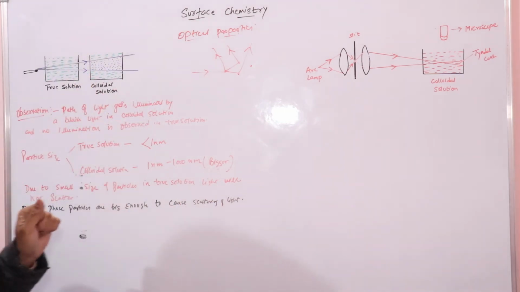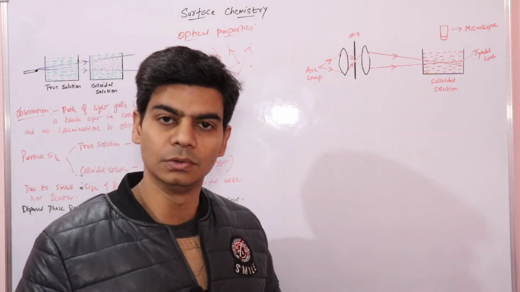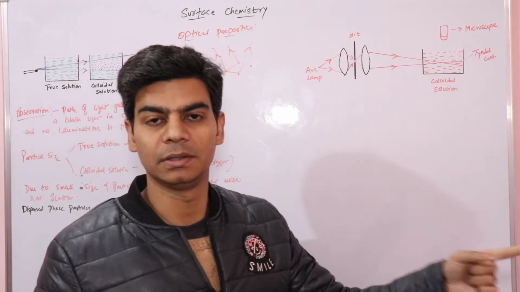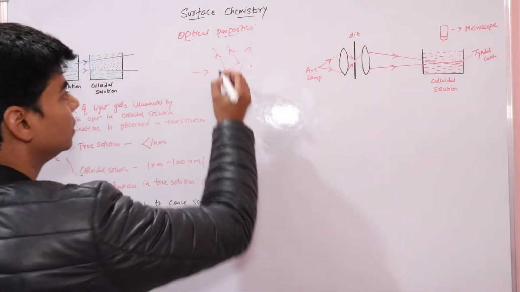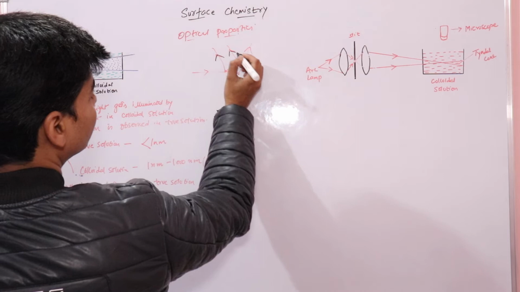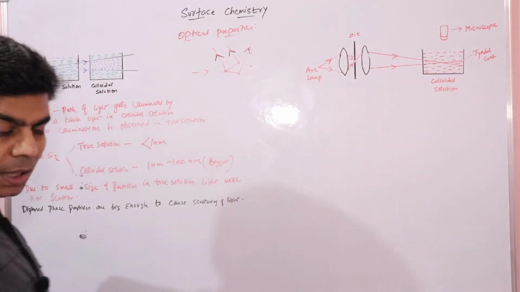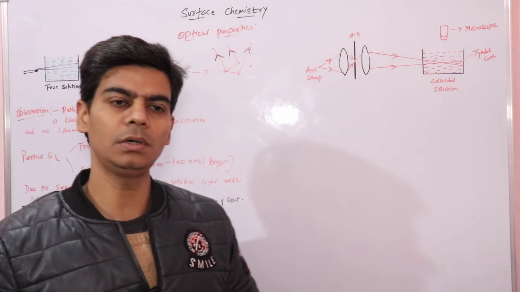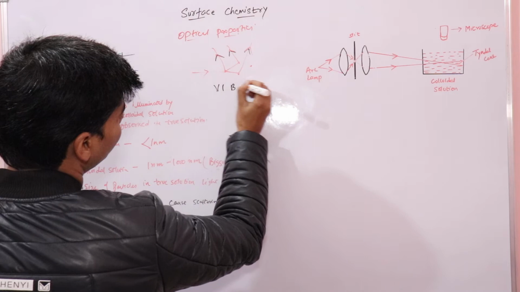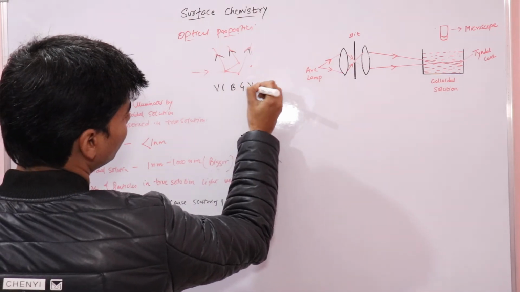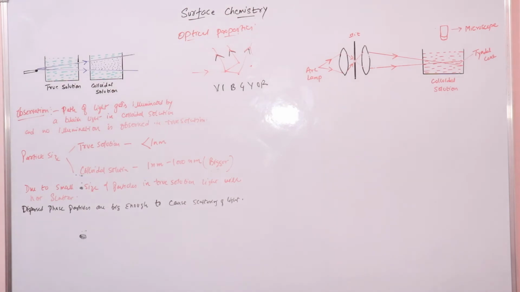You will observe different colors in different colloidal solutions, and this color depends on the wavelength of the light that gets scattered. Different wavelengths get scattered, and the color of the solution depends on the wavelength of the light that gets scattered. Remember VIBGYOR, we have done this in our previous classes also.